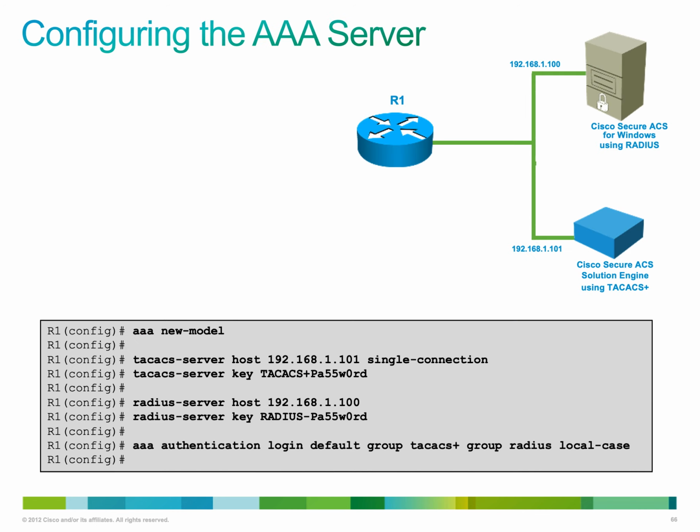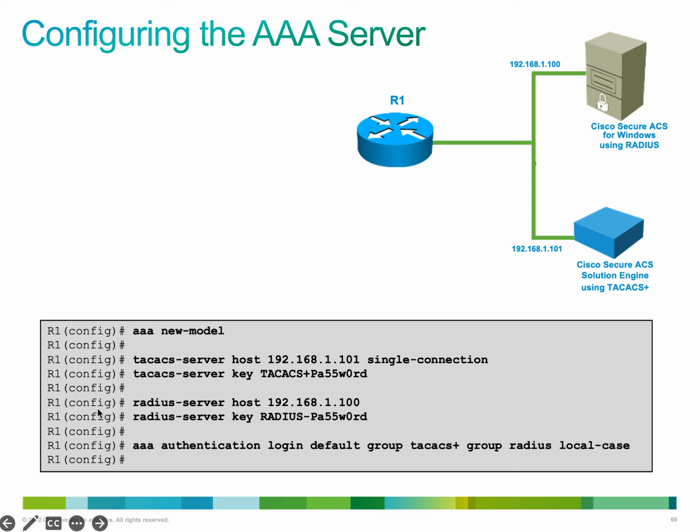Configuring the AAA server. Same thing like we mentioned, but here you just mention the server. So we say Router1(config)# aaa new-model. And then Router1(config)# tacacs-server host, you put the IP address, single-connection. tacacs-server key, you put the TACACS+ password.